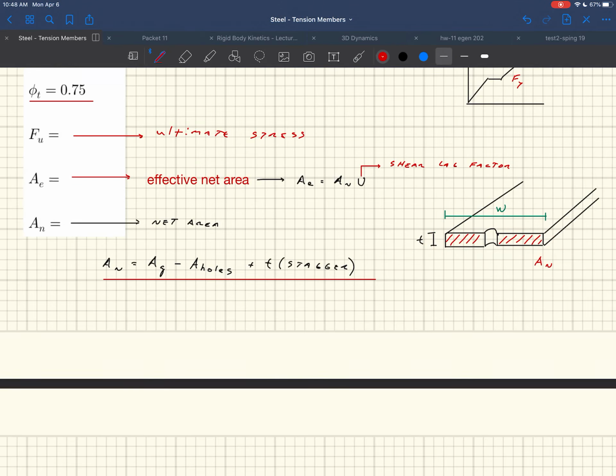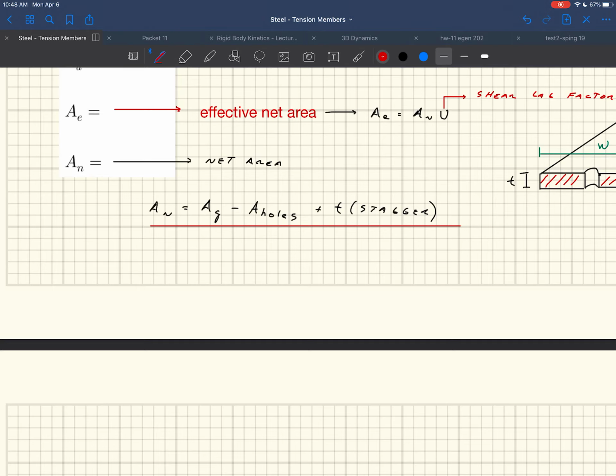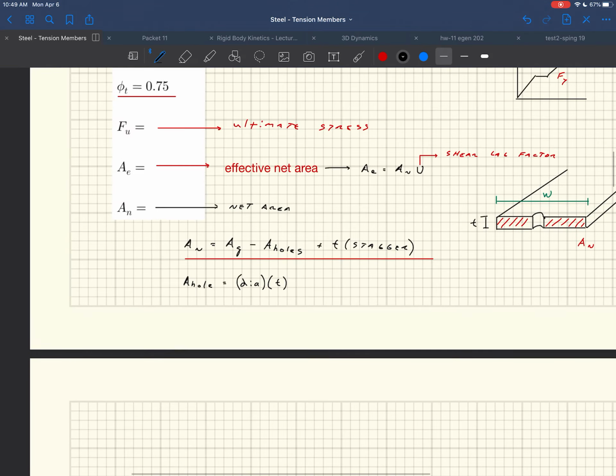And so what it ends up being, you say the a-hole is equal to the diameter of the hole times the thickness. I should put diameter of hole times the thickness.